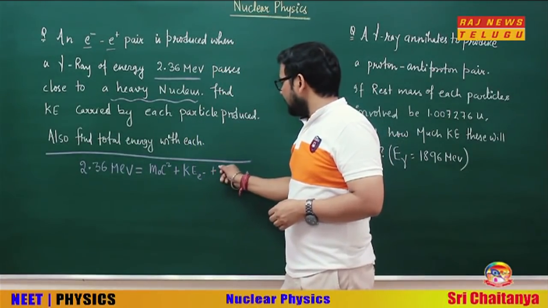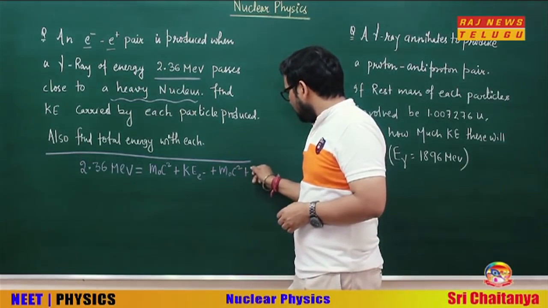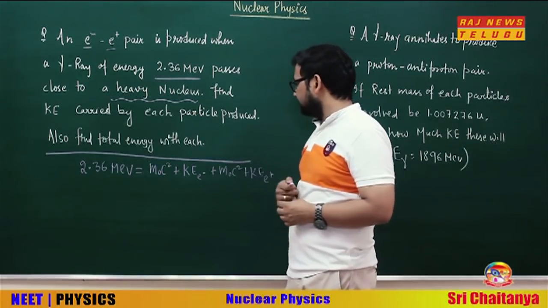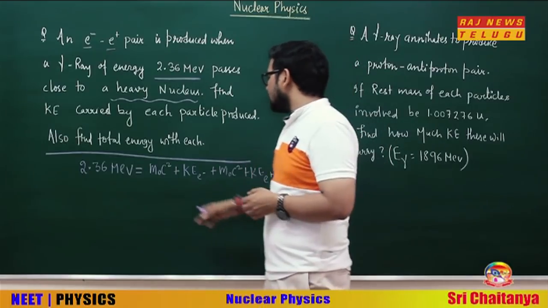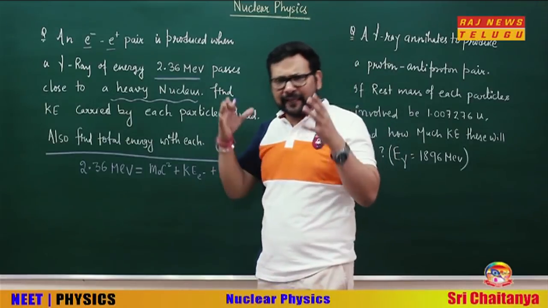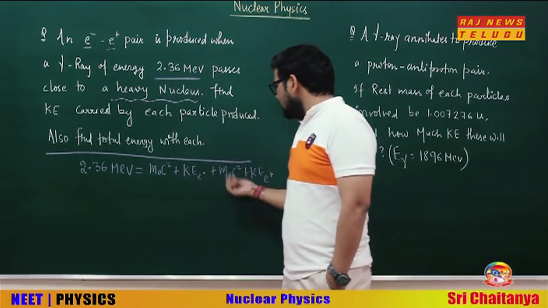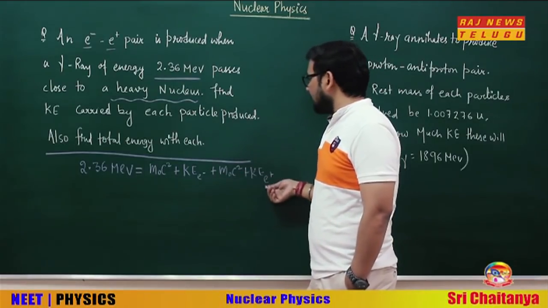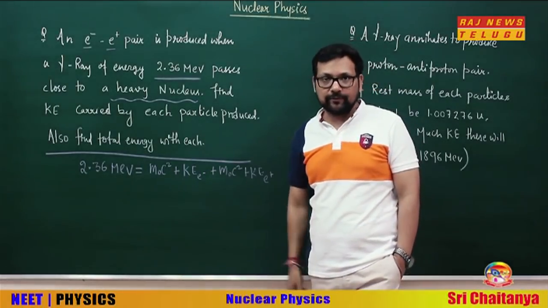Second, the same way for positron also, m naught c square plus kinetic energy of positron. So 2.36, first rest mass energy, the mass energy equivalent of the mass there, and then if some energy is left, it will be kinetic energy of electron. In the same way, m naught c square for positron and then kinetic energy of positron. This is the main equation that needs to be solved further.